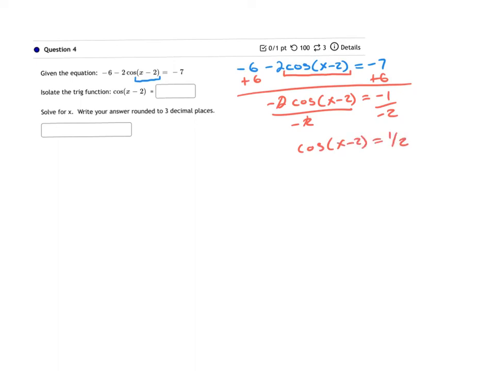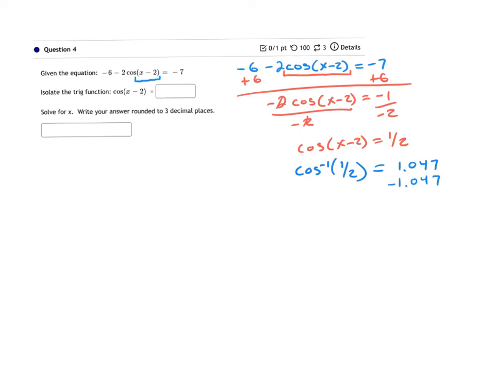Now, we're going to proceed with this question just how we did in all the previous ones. I'm just going to do the inverse cosine of 1/2 in my calculator. When I do that, I'm going to end up with 1.047. Now, we know with cosine that you have the positive and you just do the opposite of that answer.